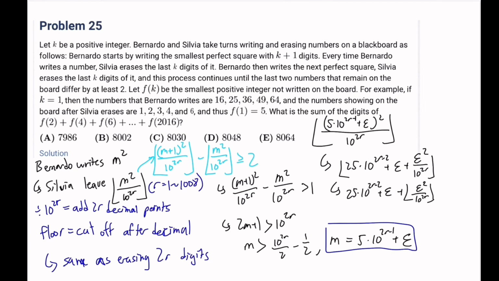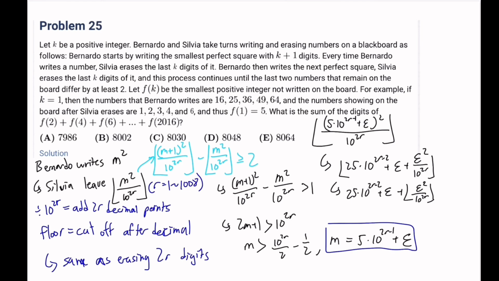So we find what happens when this one goes up by 1. Since epsilon is adding 1 each time, this part always increases by 1. But since the floors must differ by at least 2, the difference of the other part must also be at least 1.